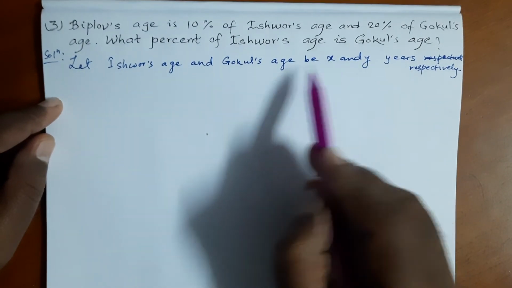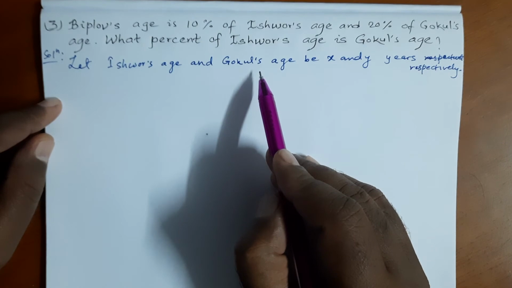Okay, so X is Ishwar's age, Y is Gokul's age.